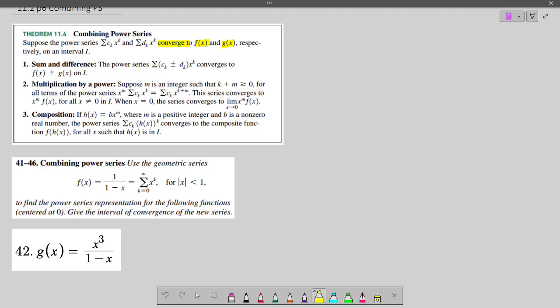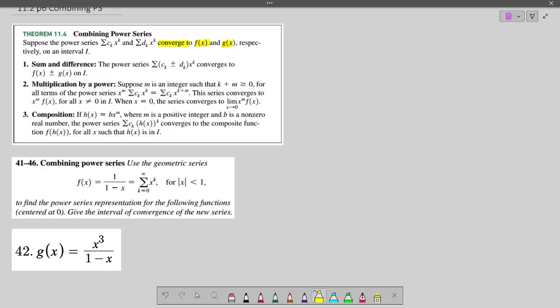If we add them together, we will still have convergence, and the convergence will be to either f plus g or f minus g on the interval of convergence. Okay? So that's a simple one. That's just like the derivative thing. Derivative of a sum is the sum of derivatives. Integral of a sum is the sum of integrals. So that kind of standard thing.